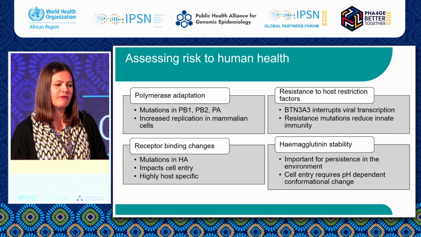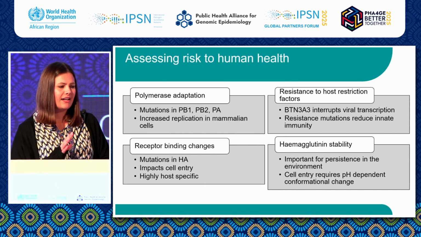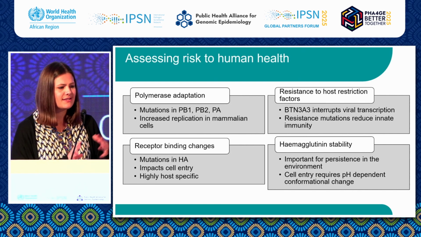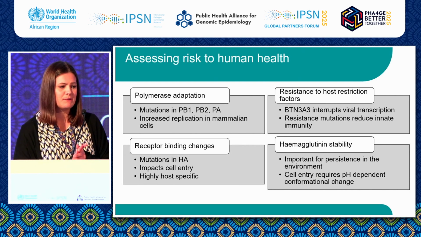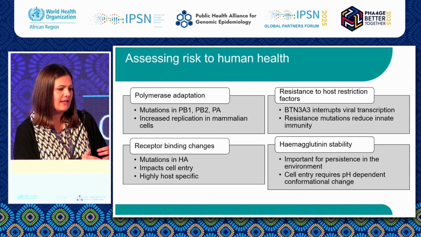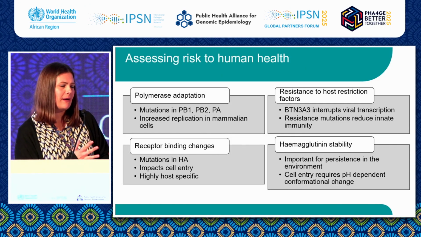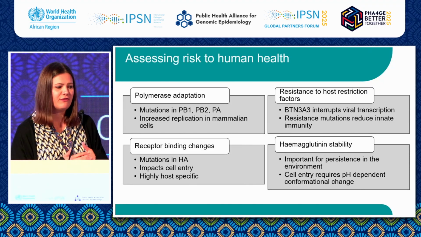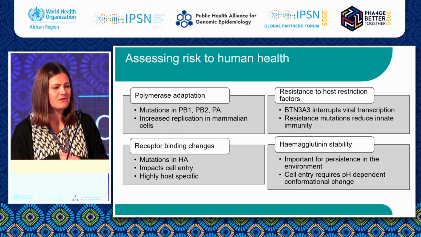We also look for resistance to host restriction factors, and these are less likely to immediately appear in a mammalian host and are more genotype-specific, but are caused by mutations in the NP segment, and will basically just mean that your innate immune response is less effective if you do come into contact with this virus.